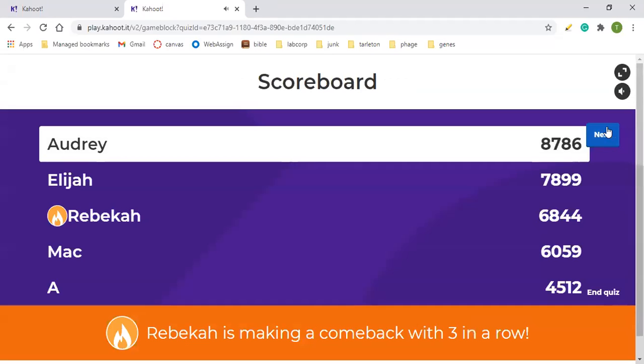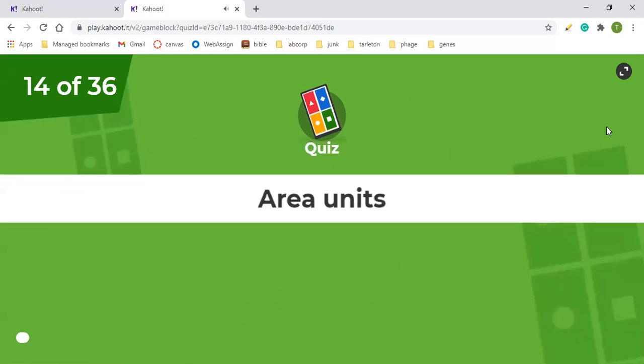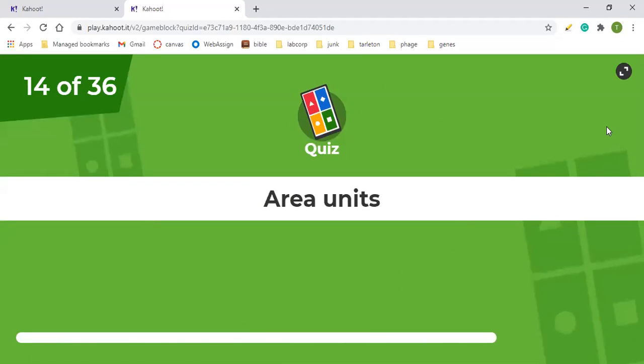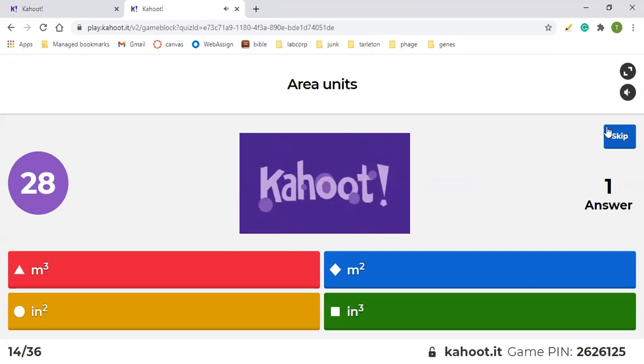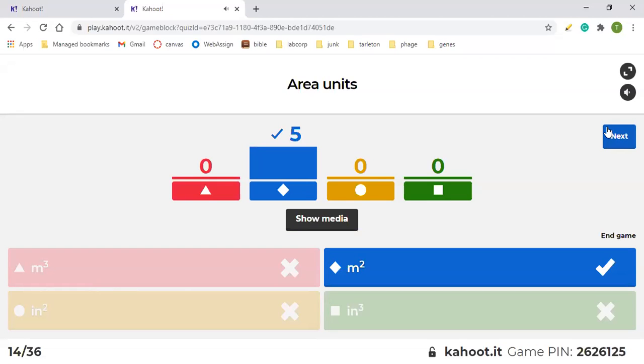I'm going to use seconds. Area units will be our meters squared.